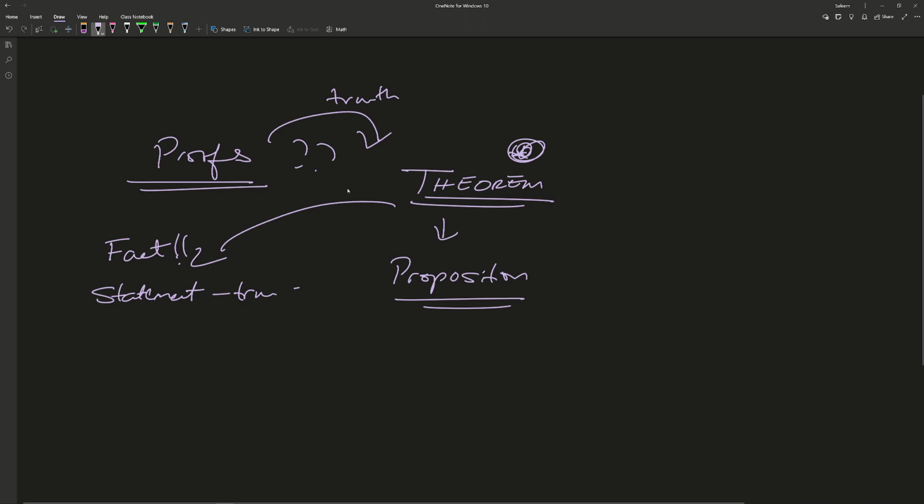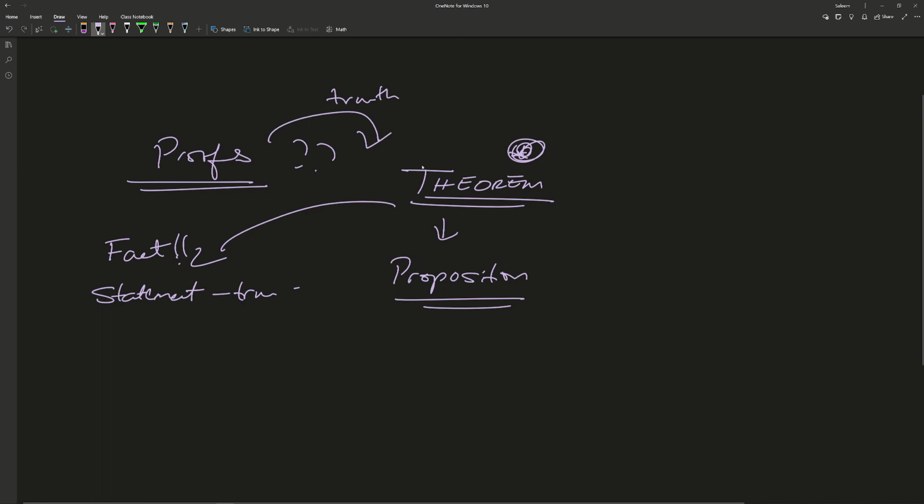That is the whole objective of the proof. Of course, how we do it is through direct proof in this course, and indirect proofs as well. There are many other ways that we can do it, which is beyond the scope of the course.